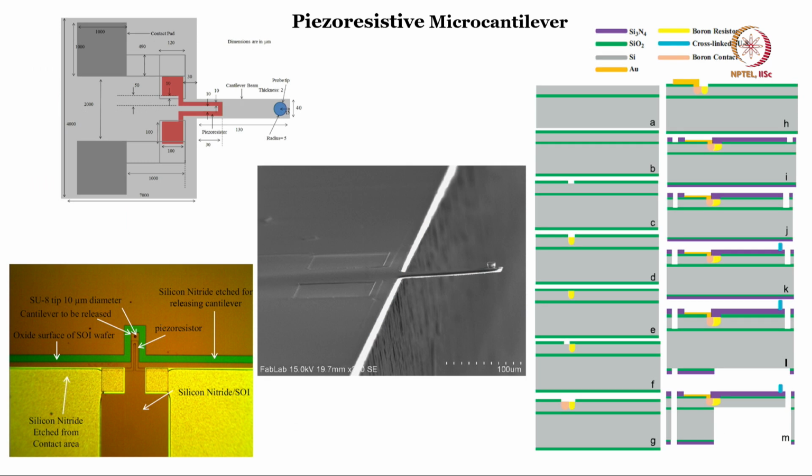This is an example of a piezoresistive micro cantilever. So let us quickly understand this particular example. We have a probe tip, and then you have a piezoresistive material that you are diffusing into the silicon. These are contact pads, contact pad 1, contact pad 2, CP1, CP2.